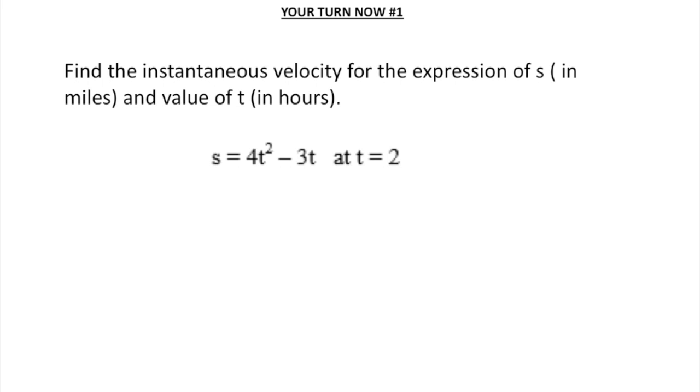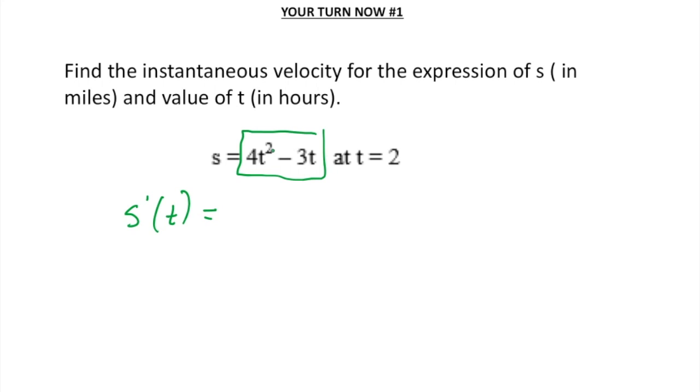All right, welcome back. Let's see how you did with this first problem. It says find the instantaneous velocity for the expression of s in miles and the value of t in hours. Here we have s equals 4t squared minus 3t, and they want to know the velocity at t equals 2. We first need to find the derivative of 4t squared minus 3t.